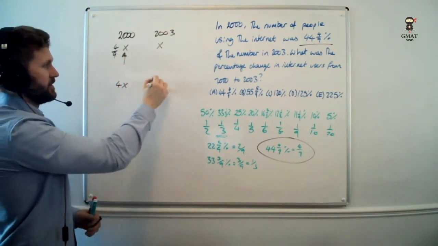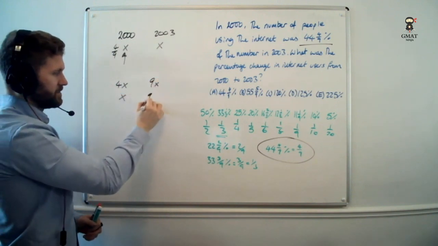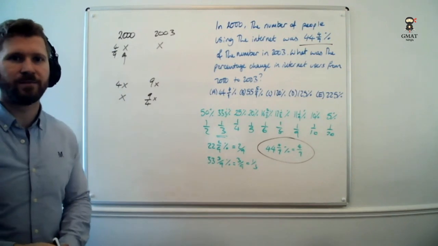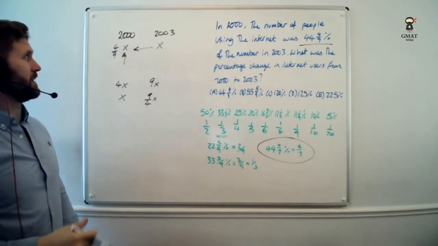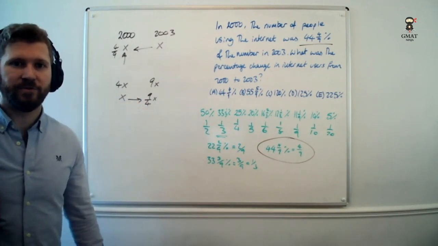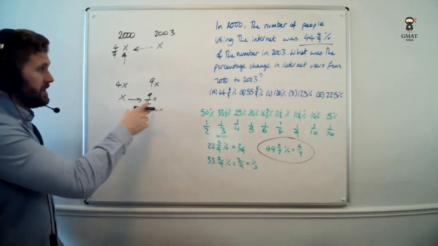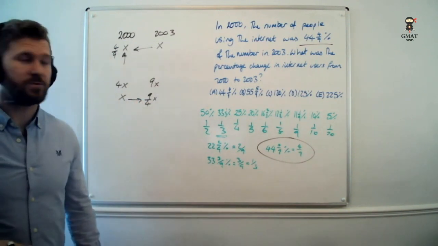So 4x to 9x there, and then divide both of them by 4. So x to 9 over 4x. Or in other words, to go in this direction, I times the x by 4 over 9. To go in that direction, I times it by 9 over 4. So in 2003, we actually had 9/4 of the number we had in 2000.